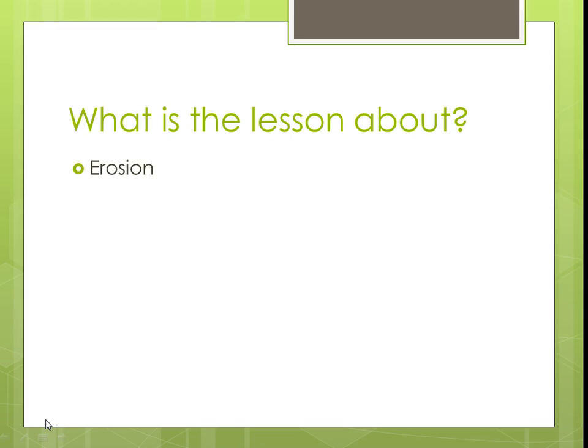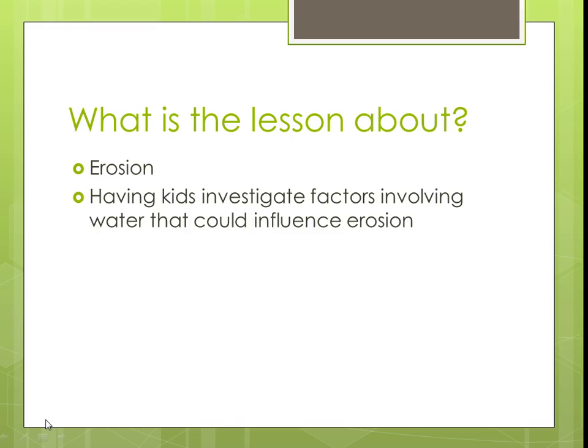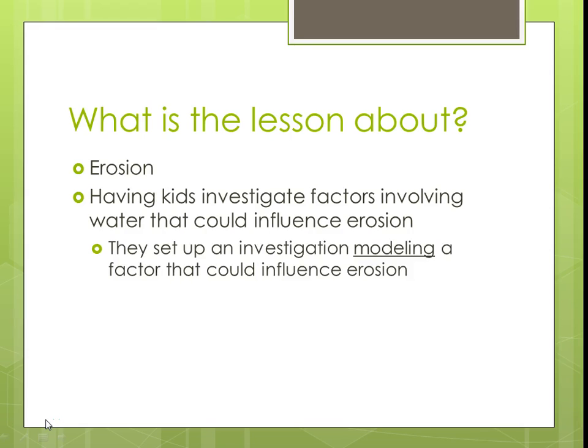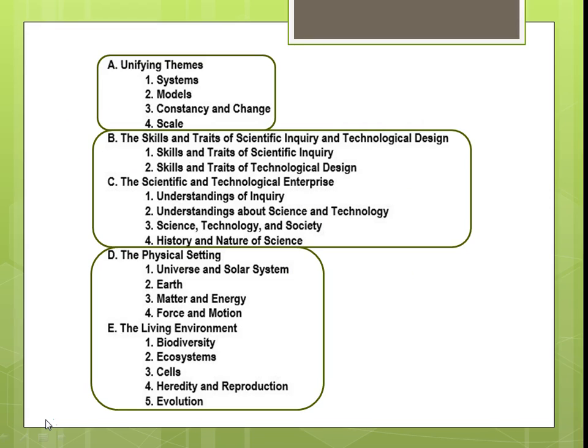With this lesson, it really is focused on erosion. And also, it's having kids investigate factors involving water that could influence erosion. So the students are setting up an investigation, modeling a factor that could influence erosion. They are collecting data. They're drawing conclusions.